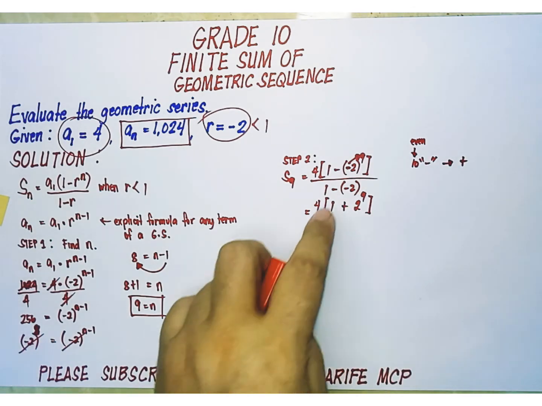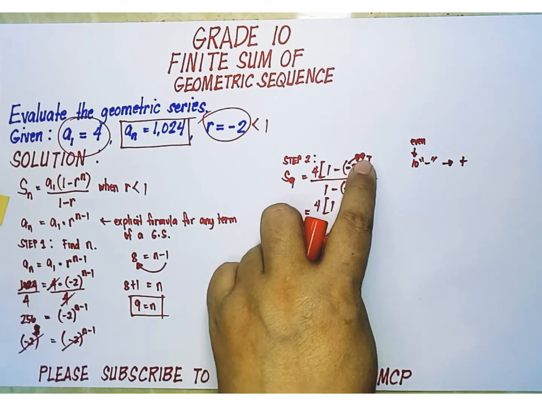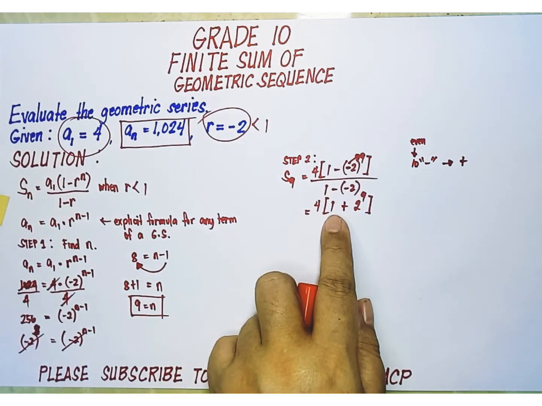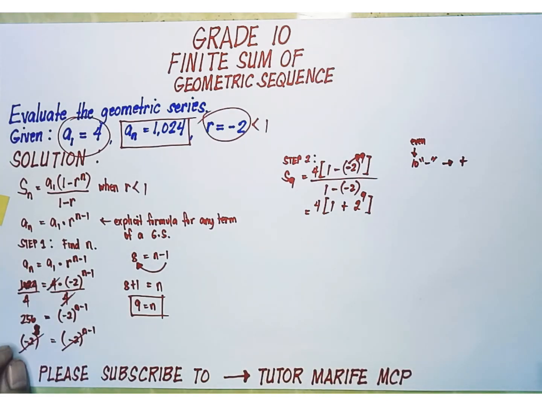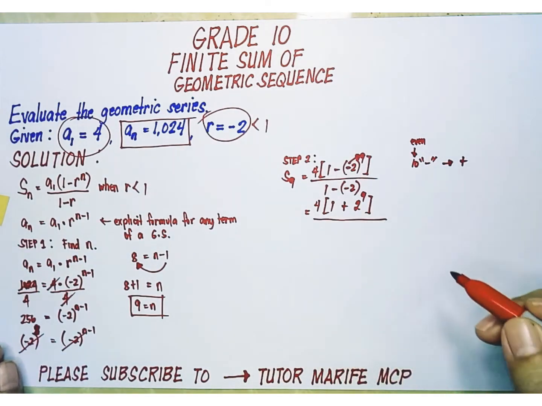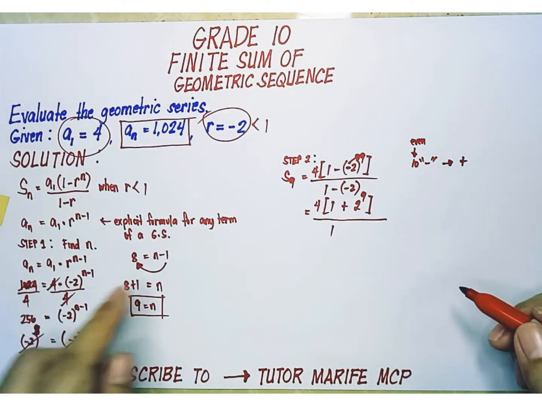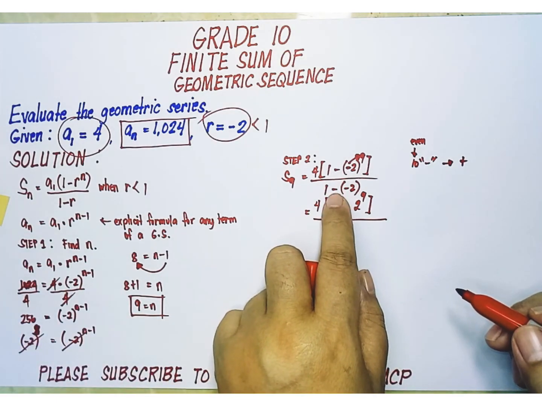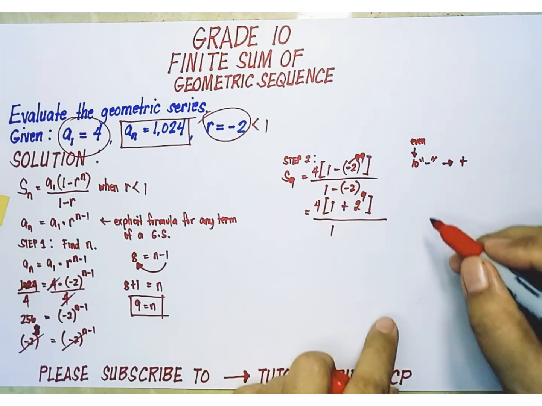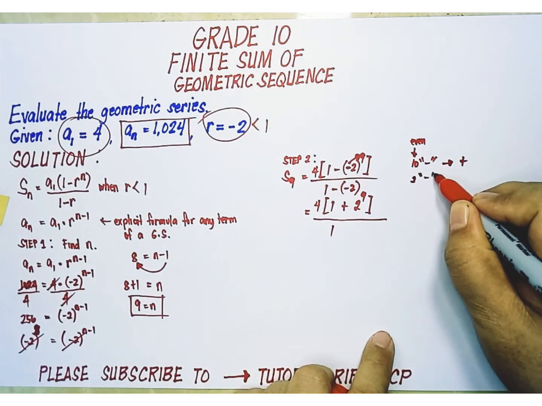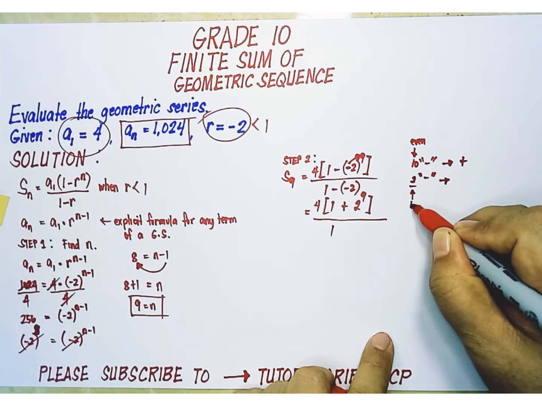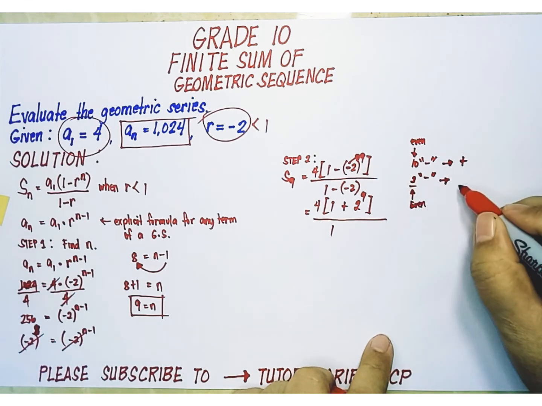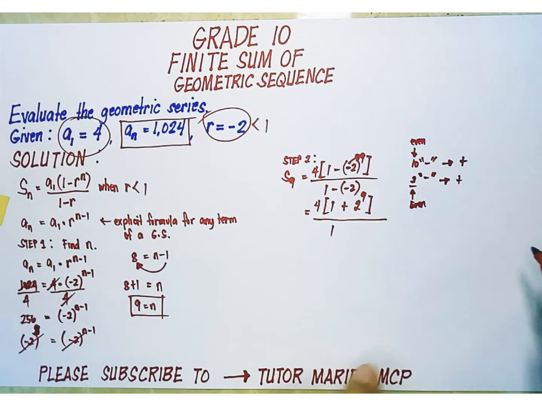Yan. So, itong 1 minus negative 2 raised to 9 becomes 1 plus 2 raised to 9. All over 1, count the negatives, 1, 2. You have 2 negatives. 2 is also even. Therefore, the result will be positive.